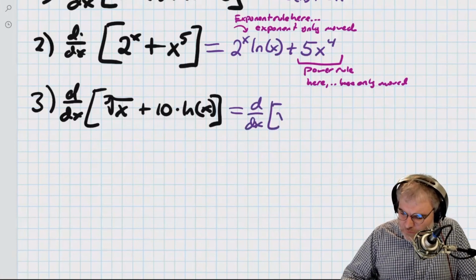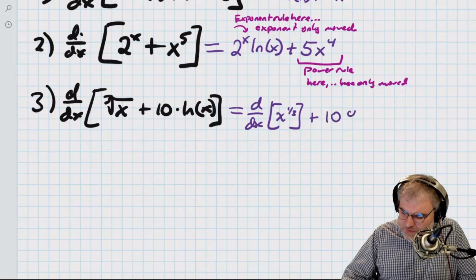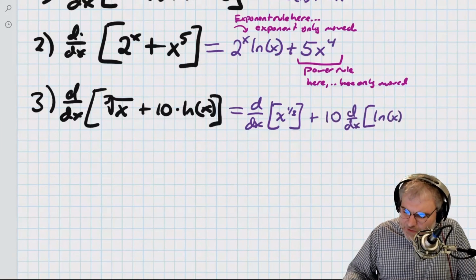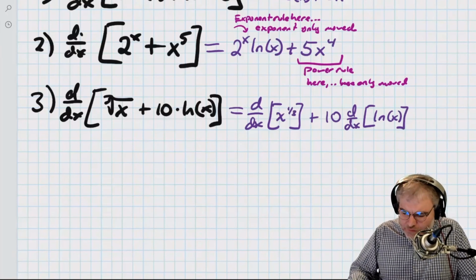So I've got x to the 1/3, I've done nothing here, plus 10 times the derivative of the natural log of x. The reason I'm doing that is because I'm actually going to algebraically manipulate one of the terms.